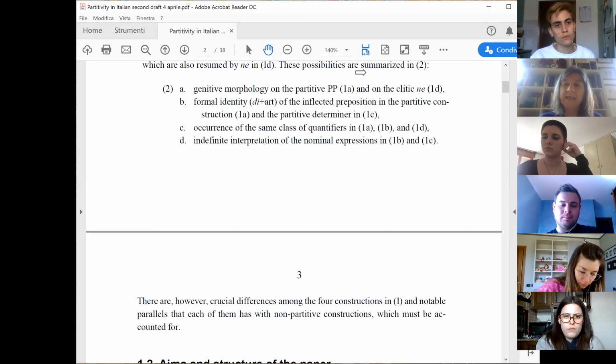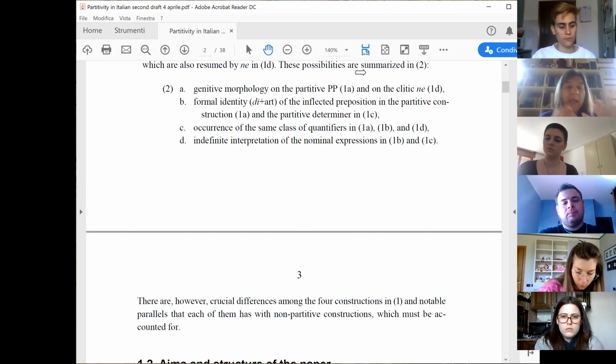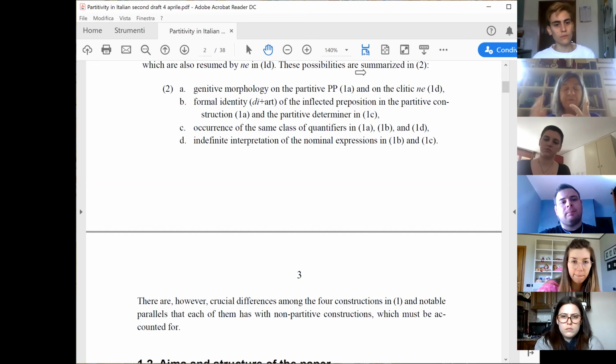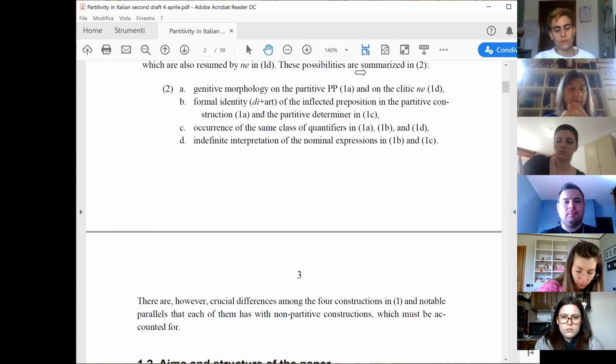So we could say it's a partitive PP with a definite portion, and then we have to explain why sometimes the definite portion doesn't have this interpretation in 1C, but still we could say it's the same structure.